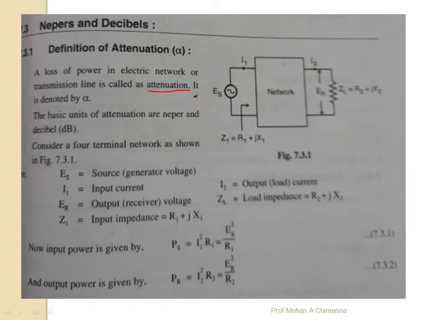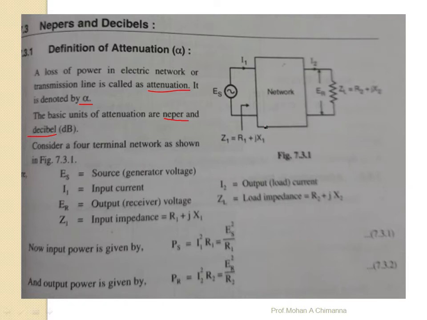Generally attenuation stands for the opposition of the circuit, and this opposition is represented by the parameter attenuation, denoted by alpha. Basically, the basic units of attenuation are the Neper or decibel, and the Neper and decibel are the units of the attenuation factor.